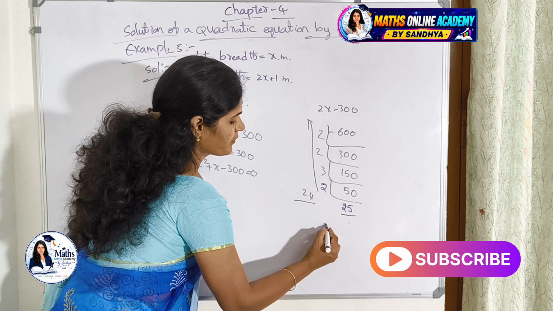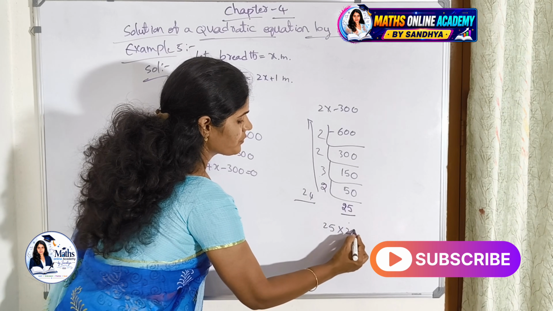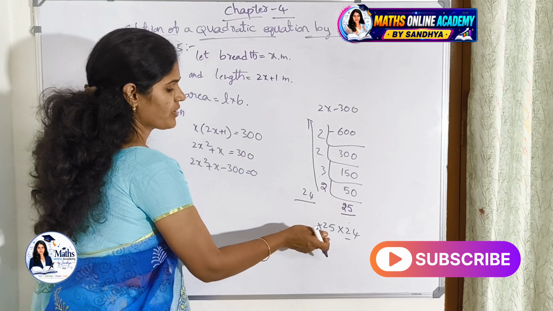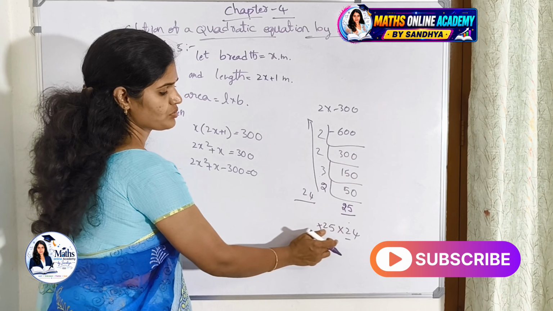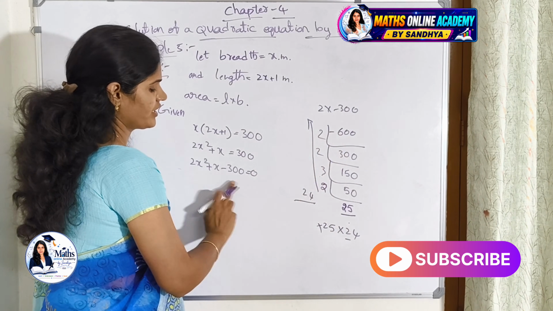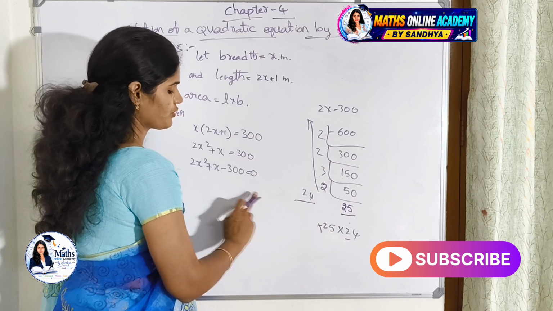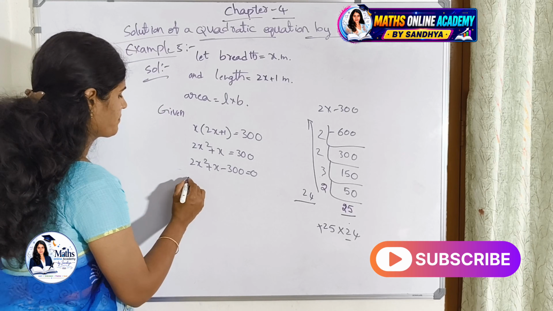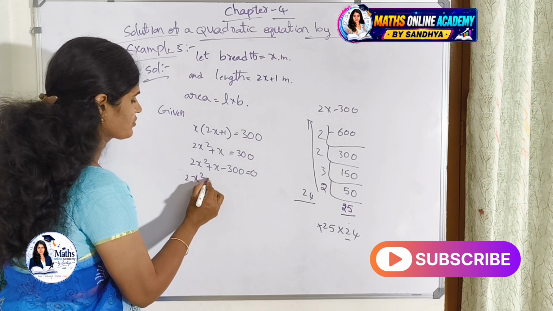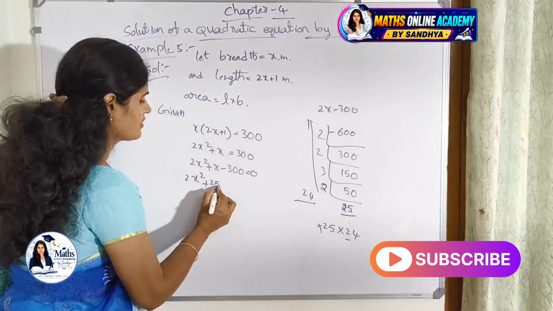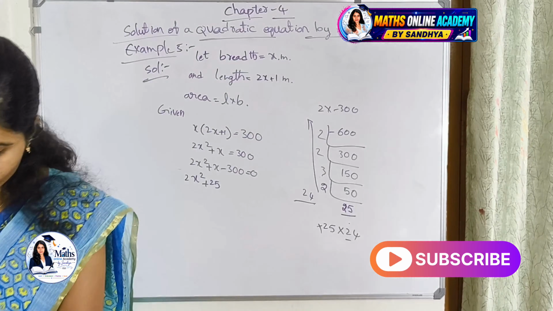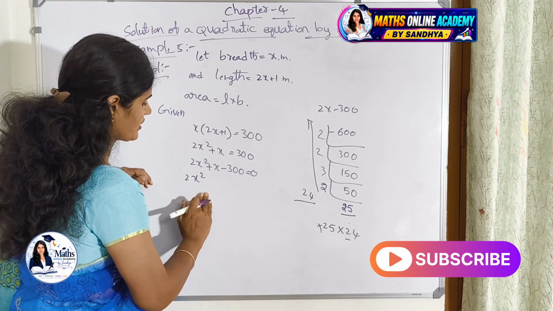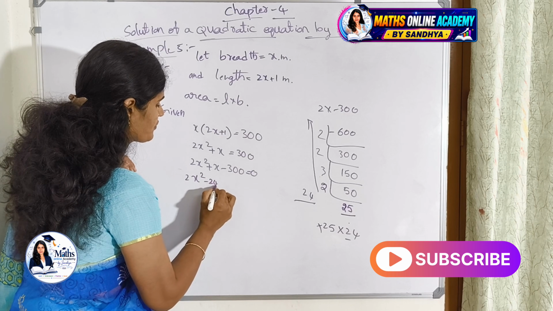25 into 24, and here is the plus 1, here is the minus 1. You take the minus of minus, and these two multiplied give 300, and if you add 25 minus 24, it means plus 1. You can take these two factors here: 2x square plus 25x minus 24x.